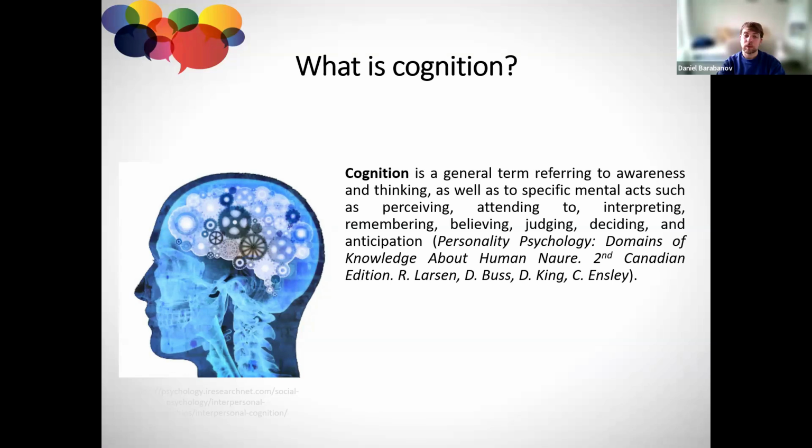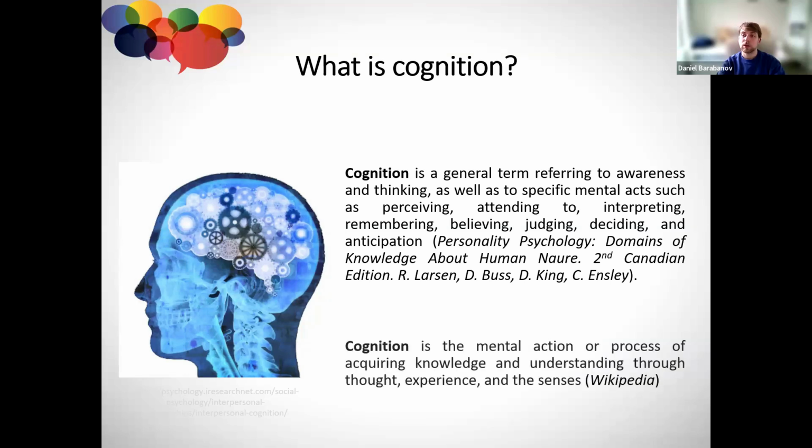In this sense, cognition is an umbrella term which includes all the cognitive functions we have. Main cognitive functions are usually categorized as thinking, language, perception, attention, and memory.